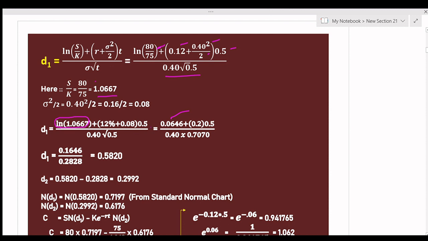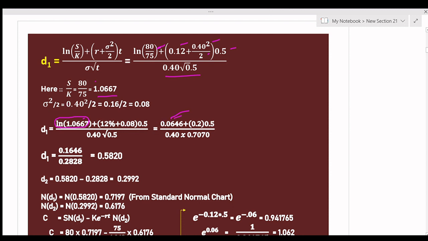The syntax is ln bracket 1.0667 bracket close, which gives you the value of 0.0646.